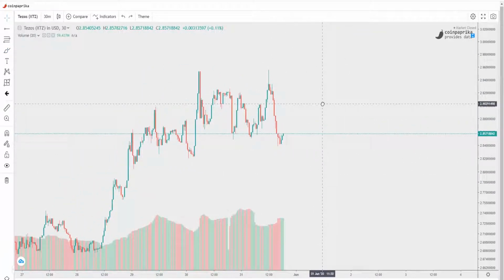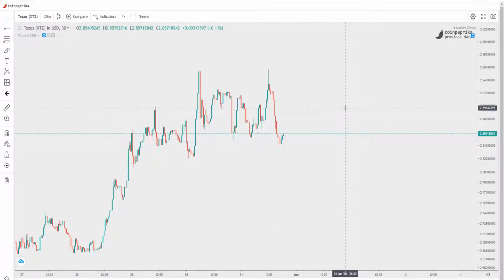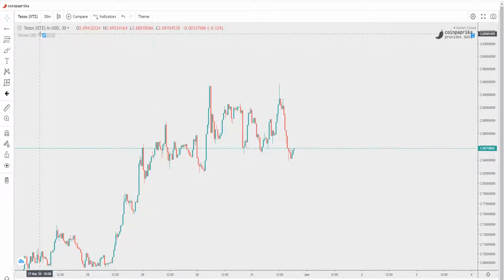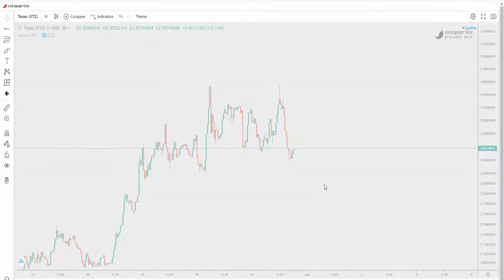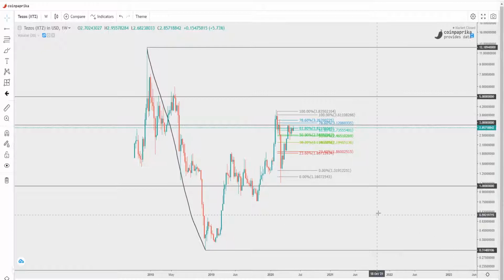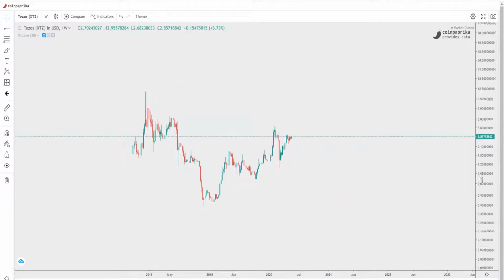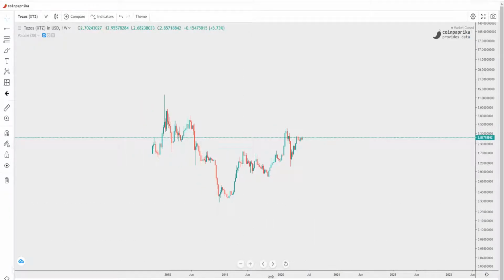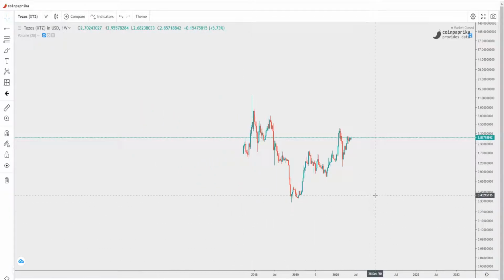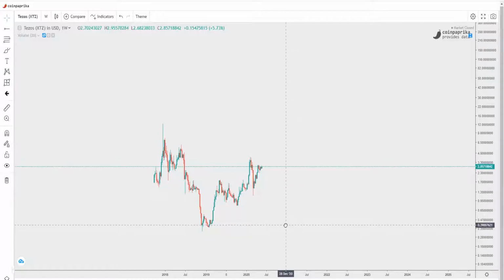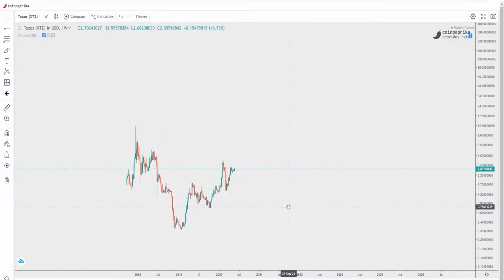Okay, so yeah, and for the bigger picture, let's take a look at a possible forecast here, what we may end up with.